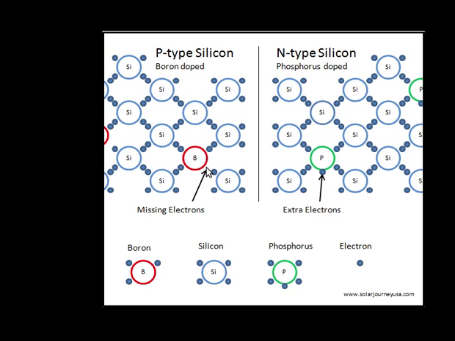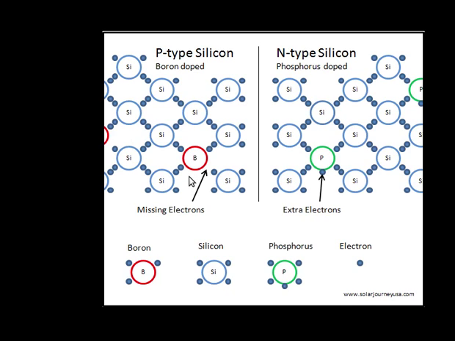It's wanting an electron. And so a free electron can come and fill in that hole. If we just have silicon and boron in this crystal, then there will be holes through the crystal.